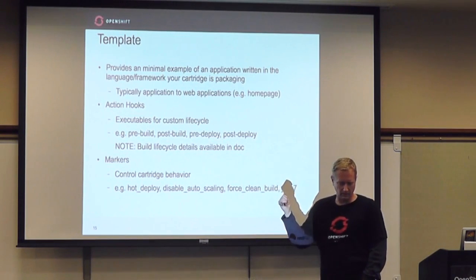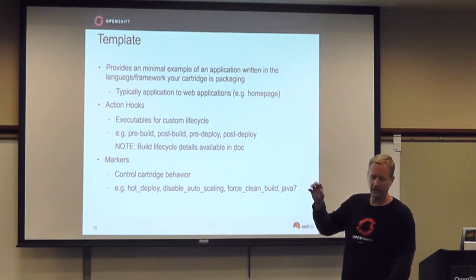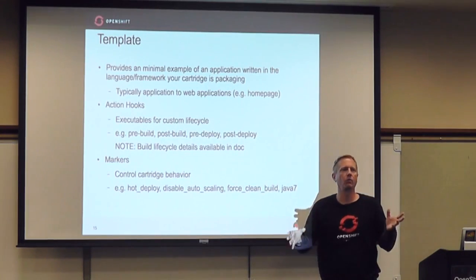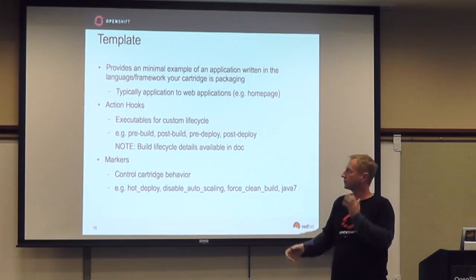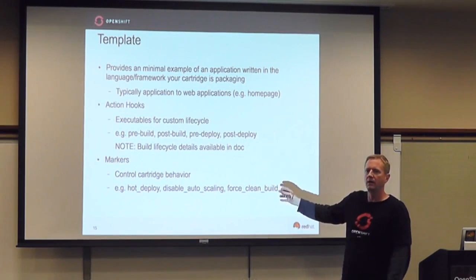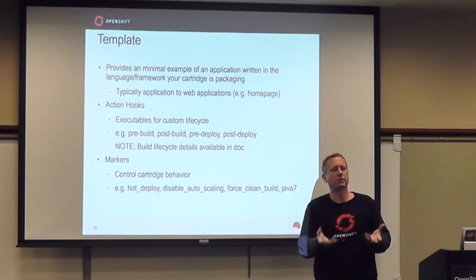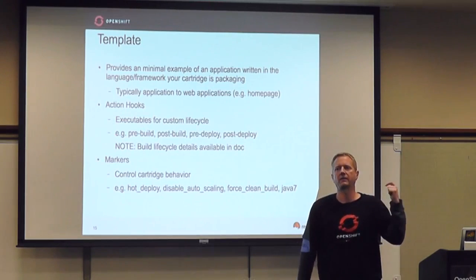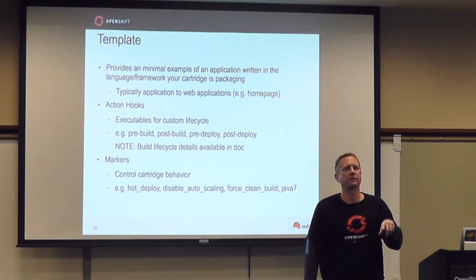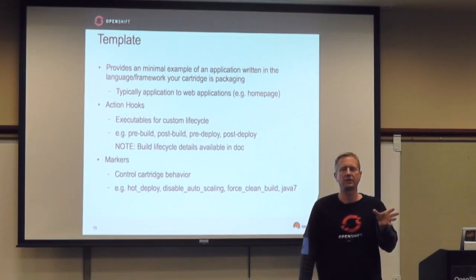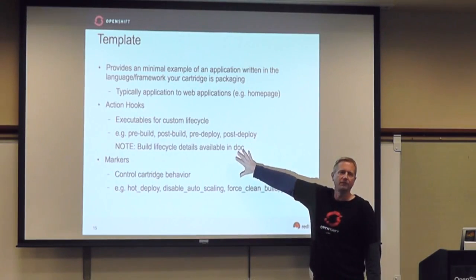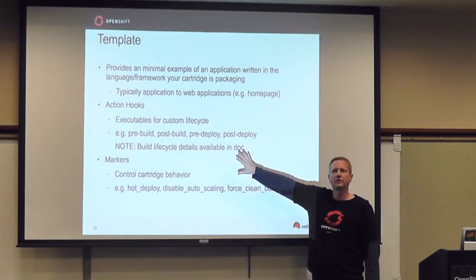A couple of interesting things inside of the application, other than the actual hello world itself. There's some other stuff that you can put in there that will give the user future control. You remember that back in the demo there was that .openshift hidden folder that had configuration information in it. That's where this stuff comes from. It comes from the template app.